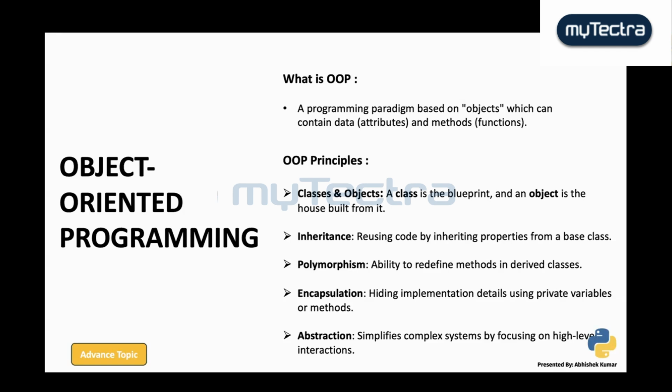Let's say there is a class called vehicle, and this vehicle class has different attributes like name, year of manufacture. All this will act as an object for that particular class. And it can also have certain methods, in the sense of some functionalities the car can do.